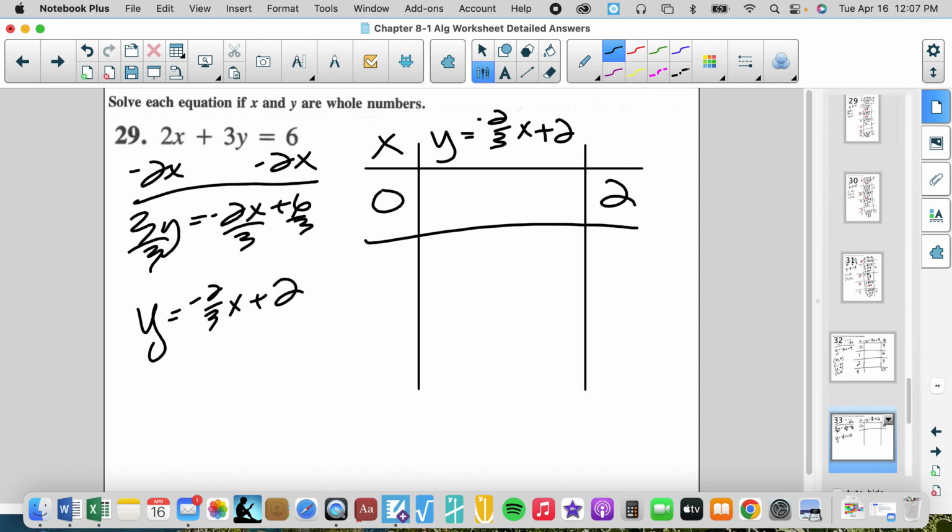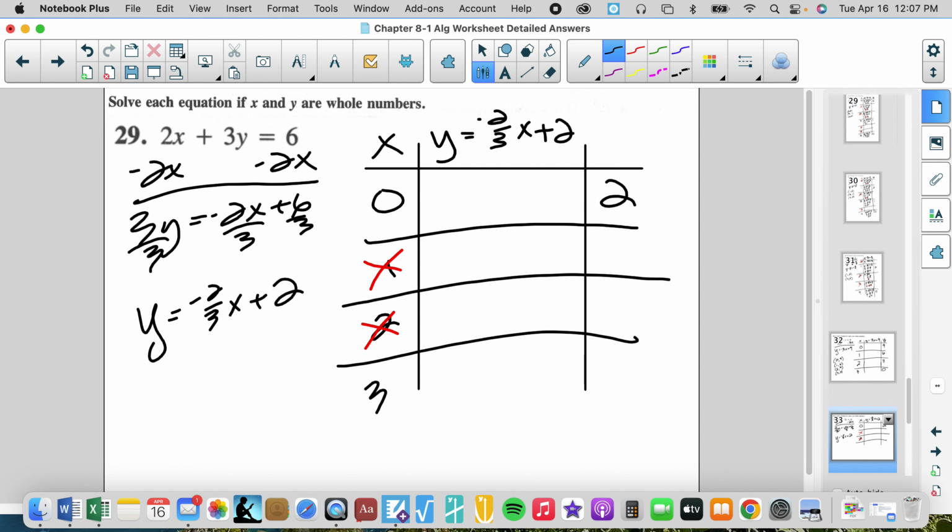Will 1 work? No. 1 doesn't work. That's a no-go. Does 2 work? No. 2's not going to work, because that gives me a fraction. Will 3 work? Yes, 3 will work, and it'll give me 0. So I have 2 working solutions that adhere to the stipulations of whole numbers.